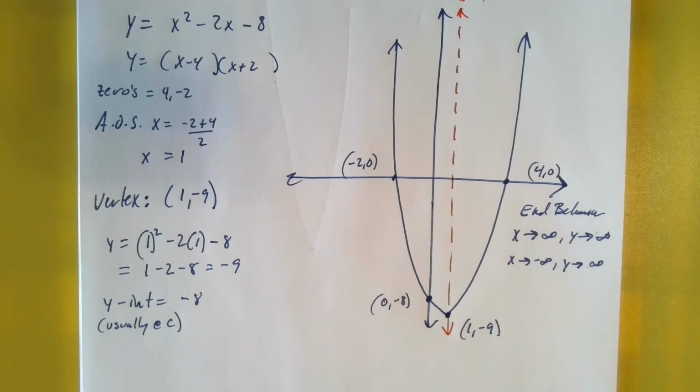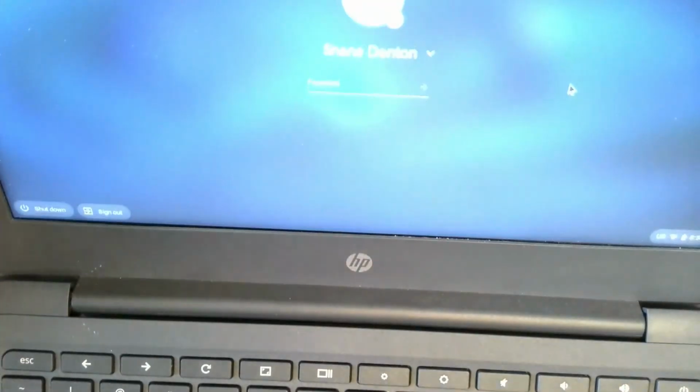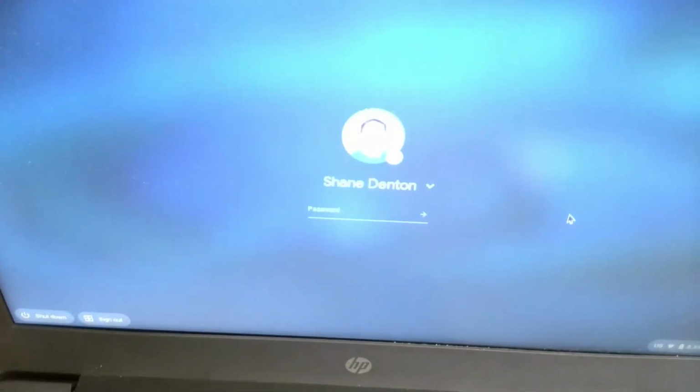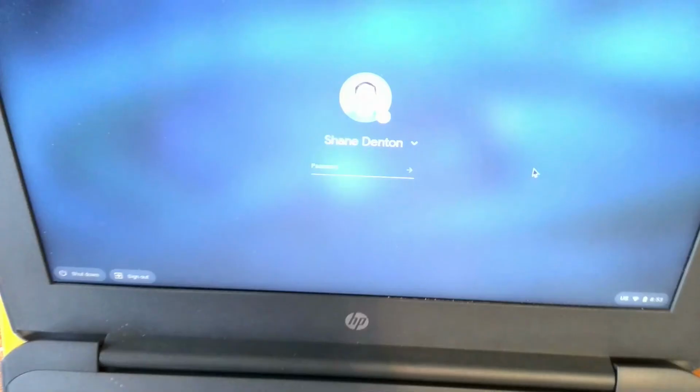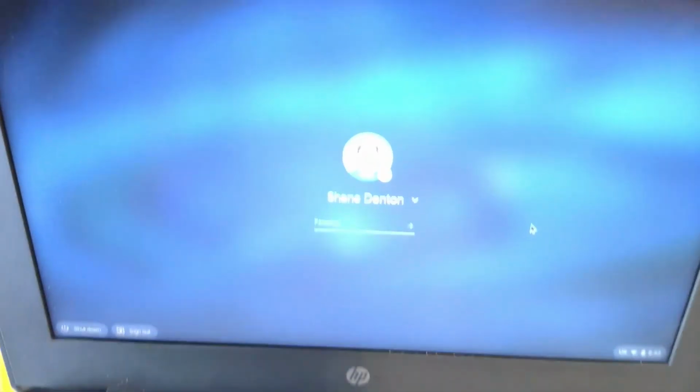Now let me show you guys a shortcut. Now, I need everybody to pay attention to this. The only reason I'm showing you this is because not everyone has a calculator at home. Okay?